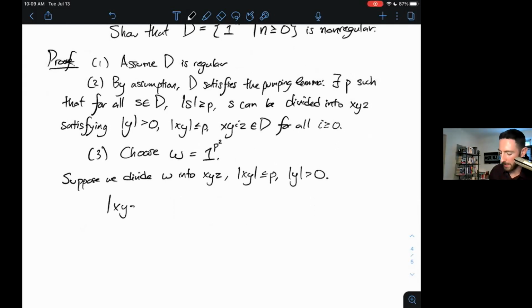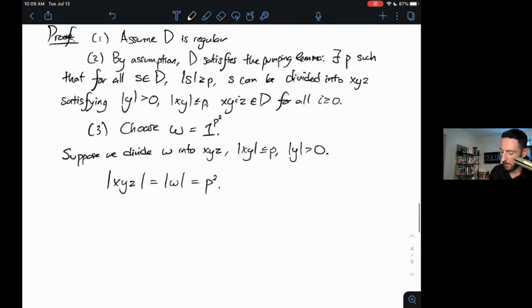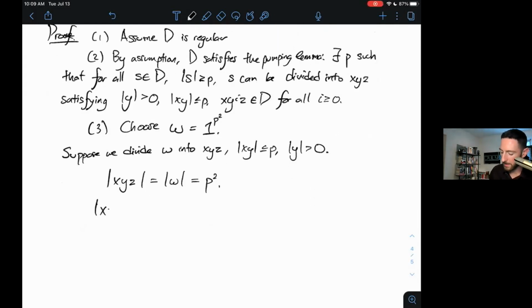We know that the length of xyz is just the length of w, because they're the same string, is just p squared. By definition, that's what w is. It's the string of p squared ones. The length of xyyz equals the length of xyz plus the length of y, because these are just some strings concatenated together.